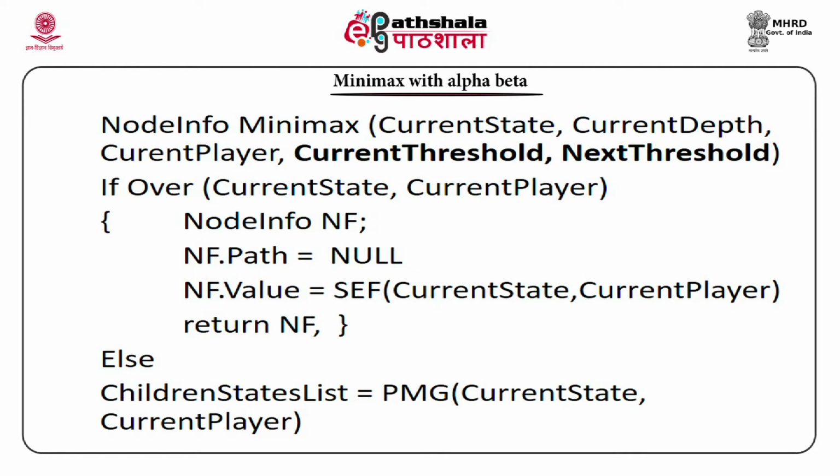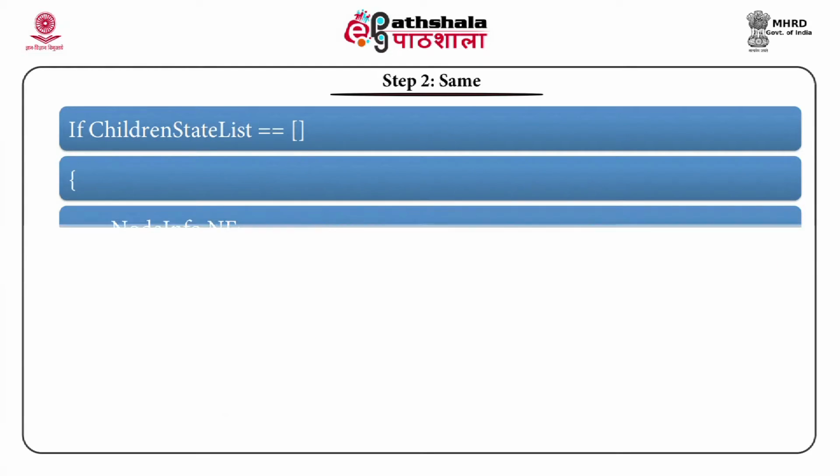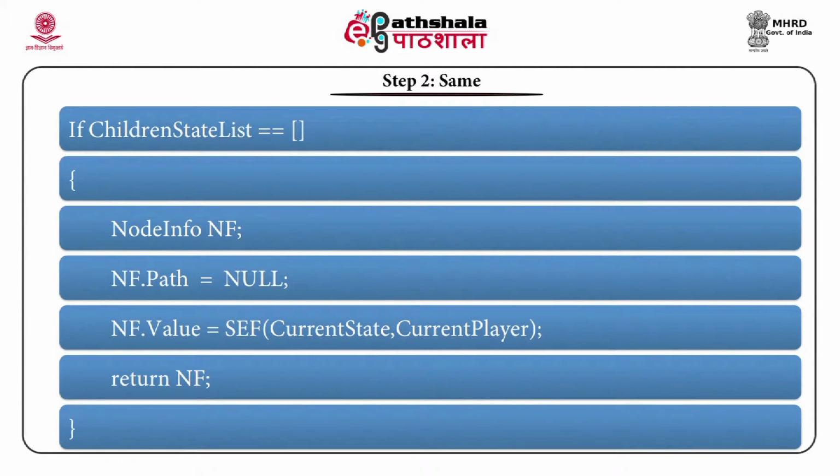The second step also remains the same. If there are no children, absolutely fine. Treat it like a leaf node. Generate the value, path is null, generate the SCF and return it back. And why is this null? Because we have reached a dead end, a draw, or winning or losing by one of the parties.